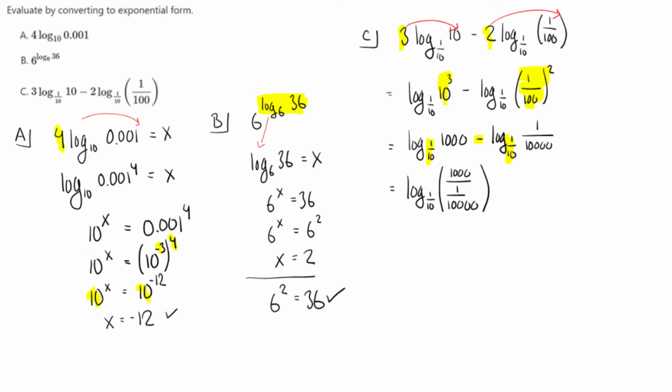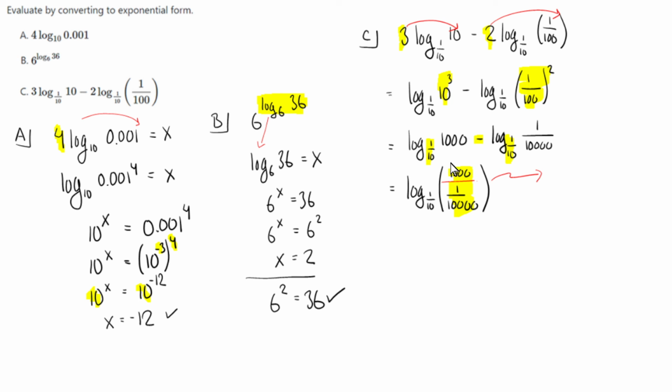In order to evaluate this, you're actually going to end up multiplying the 1000 times the 10,000. If you have a double quotient like this, you can convert this to a product. So I'm going to do that on the side here.